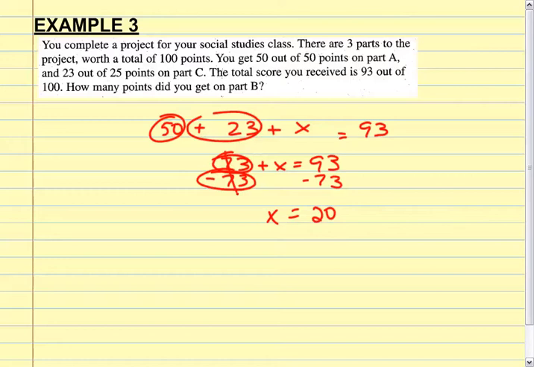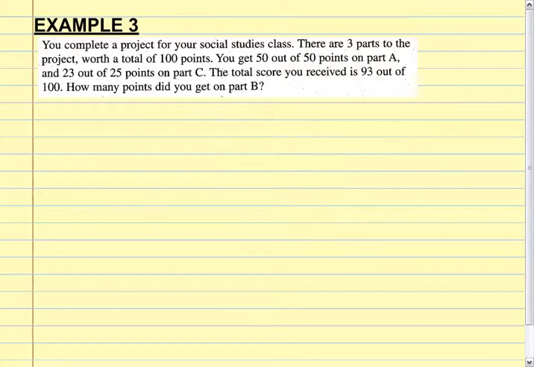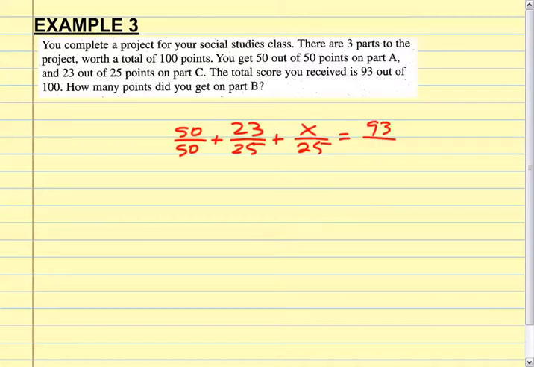All right. Now I want to go back for just a second to Allison. Allison, let's see if that will work, because I have a sneaking suspicion that it might. 50 out of 50 plus 23 out of 25, plus x out of 25 is equal to 93 out of 100. And you have to do 23 times 2.